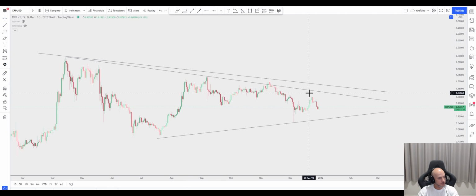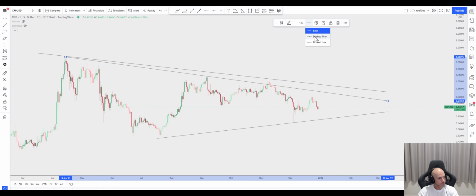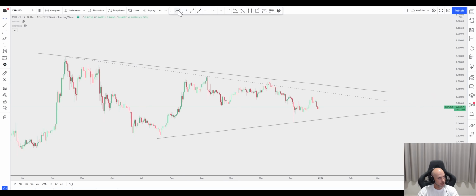this guy. Oops, just a second. This guy right here. And why must this line touch that guy? Because that guy is a higher high compared with the next high.